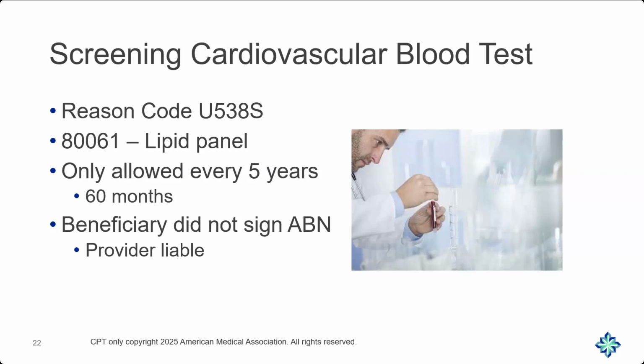The claims that we received were billed with an 80061, which is a lipid panel. So there was no indication on the claim that the beneficiary signed an ABN, Advanced Beneficiary Notice of Non-Coverage. So the provider is liable in these instances.